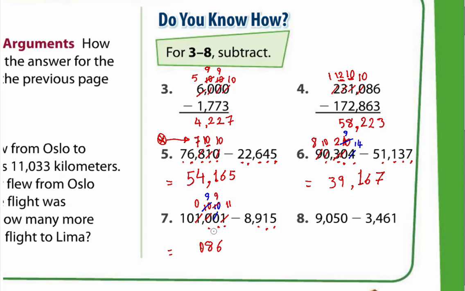0 minus 8 can't be. We take from the first one. The 0 will be 10 and will be 9. Then the 0 will be 10. And now it's 10 minus 8, which is 2.